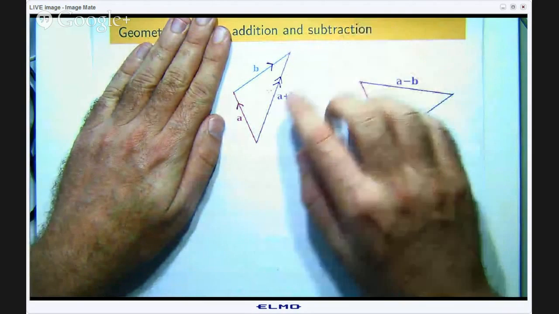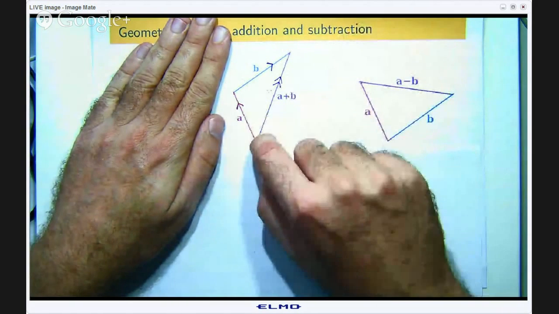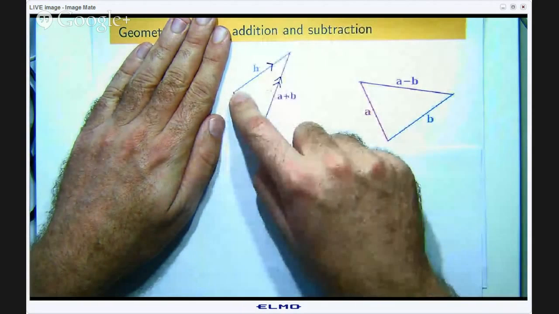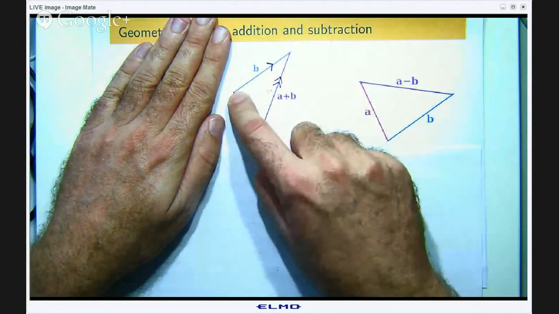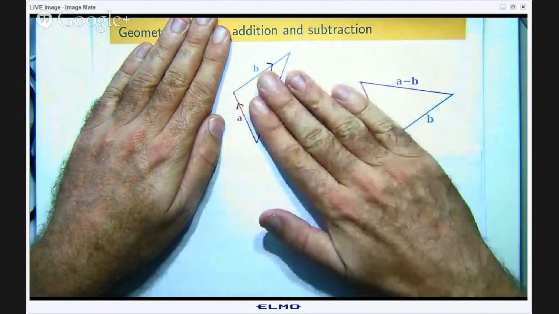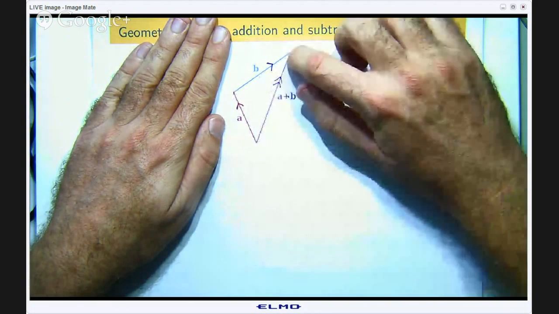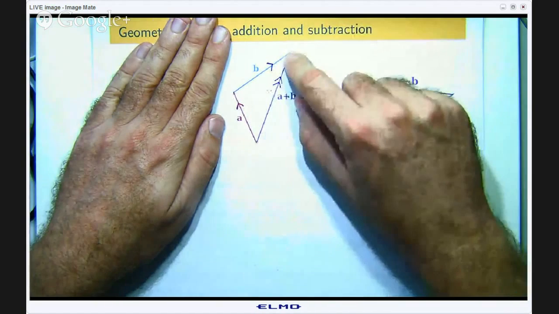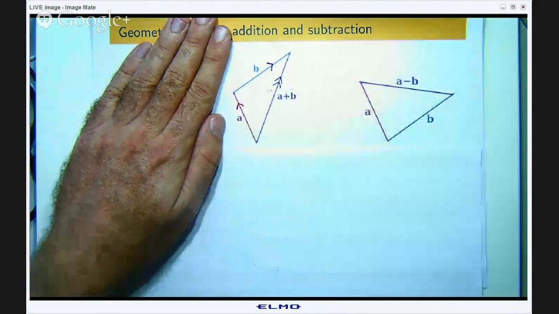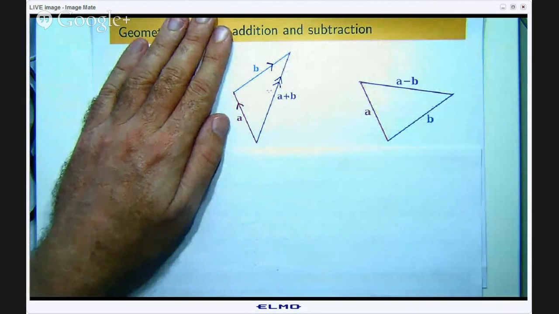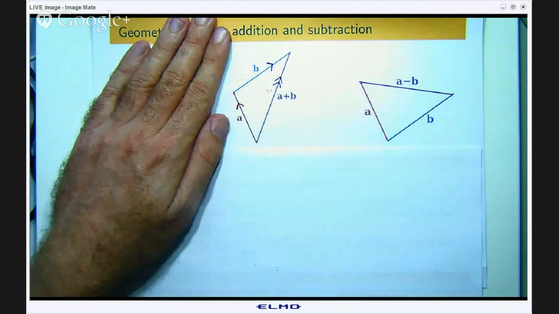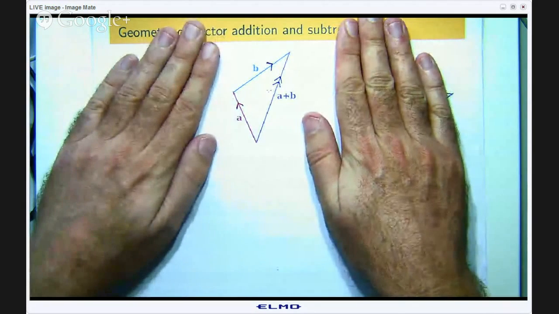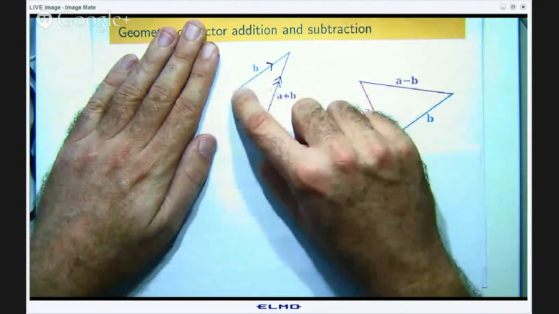So here I've got my A, and I've moved B in here, so the tail point of B and the head point of A are the same point. Then I draw in a third line segment directed from the tail point of A to the head point of B, and that is geometrically the sum of the vector A plus the vector B.